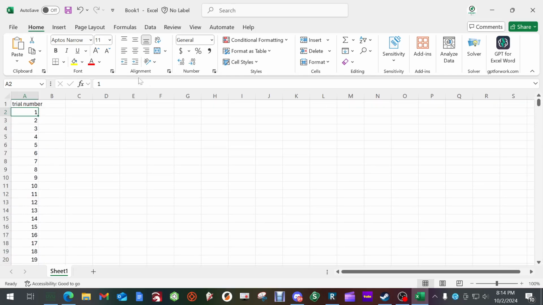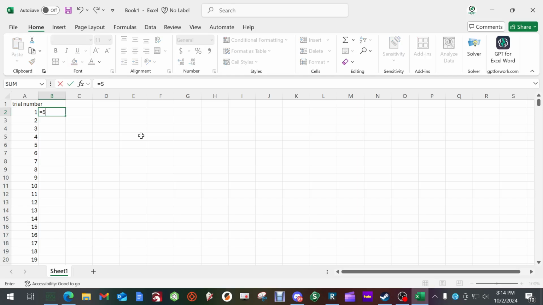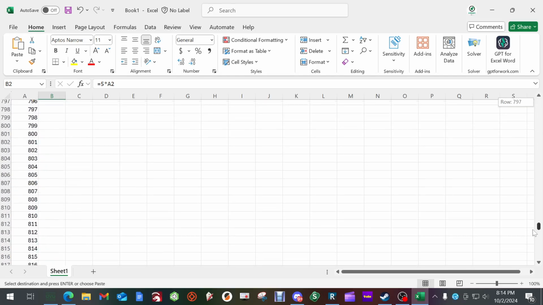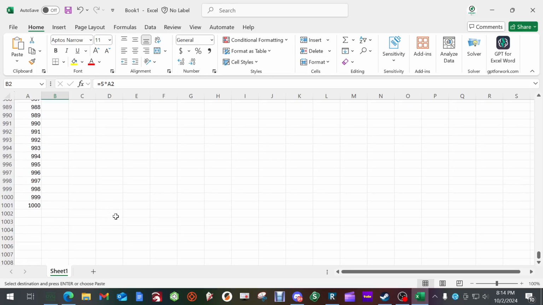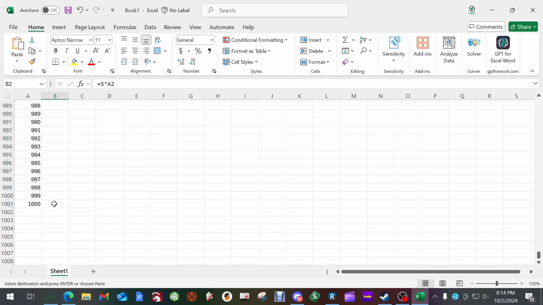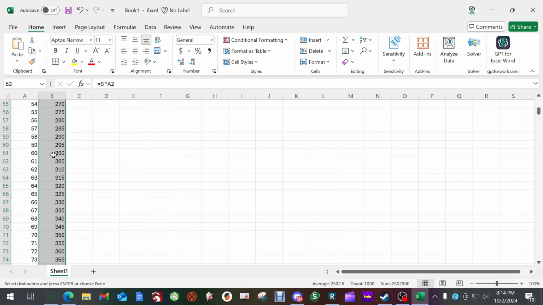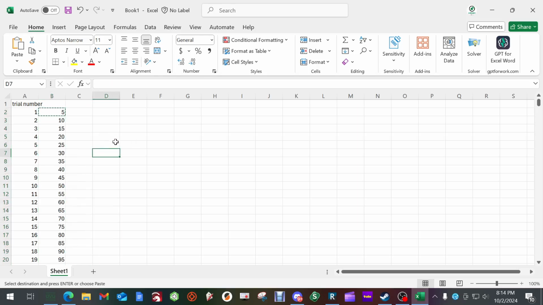Another tip and trick: if you type equals 5 times this cell and hit enter, then click on it, press Control C, scroll all the way down, and holding shift, click the last cell so it highlights everything, then Control V, it'll fill that entire equation in. Just a tip and trick there.